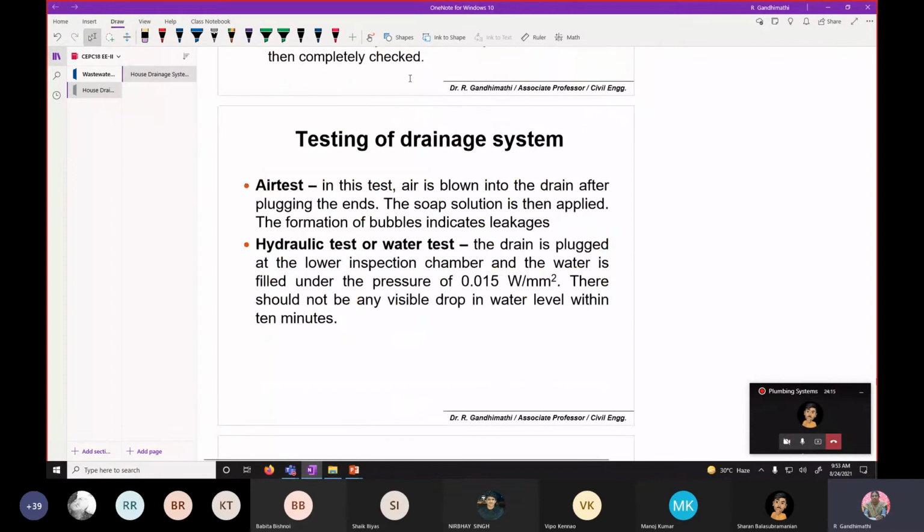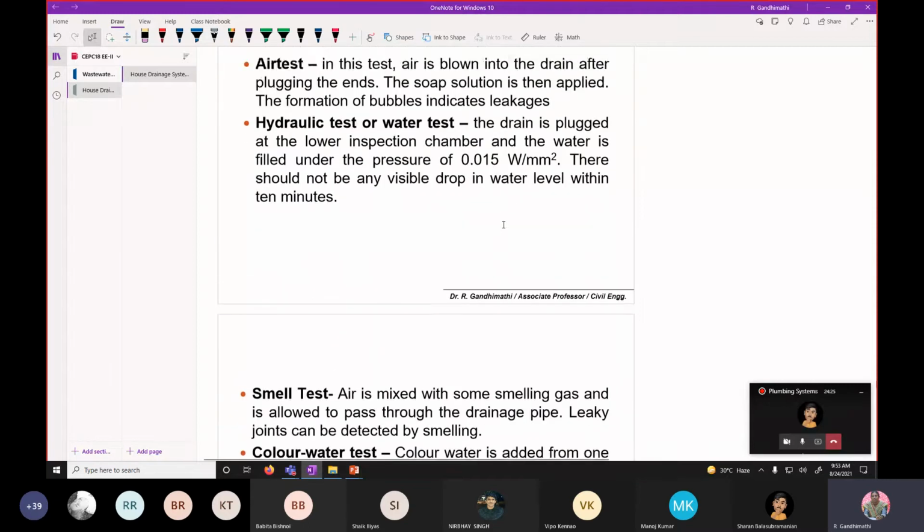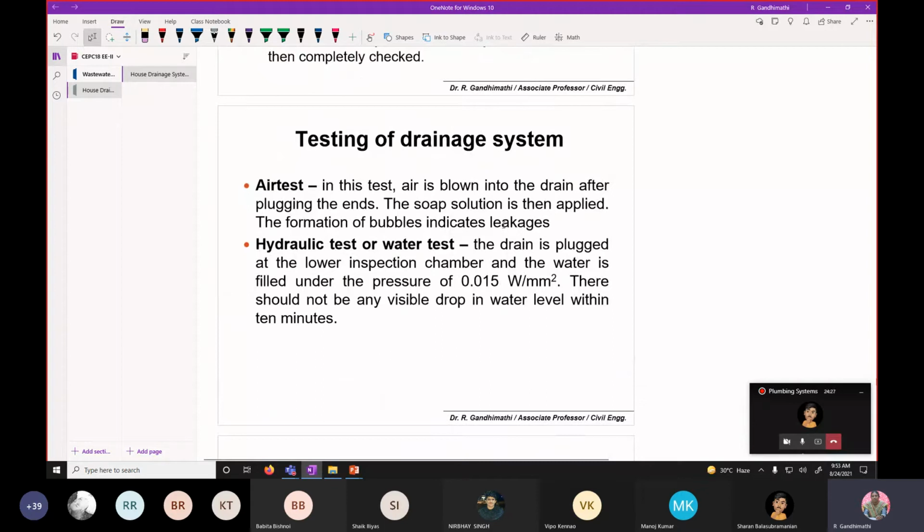Then, testing of the drainage system. Generally we follow certain procedures to check the leakages of the drainage system. One is called the air test. In the air test, they blow air into the drain by plugging the ends. Then they apply soap solution outside.